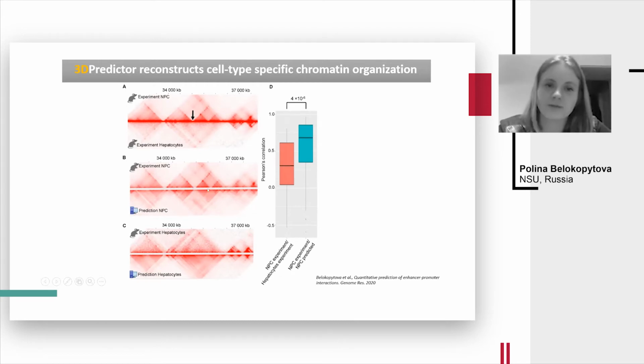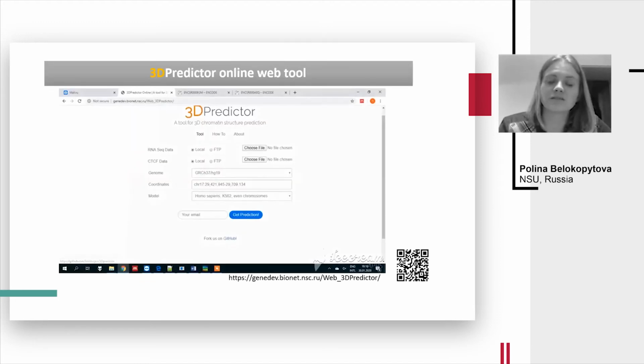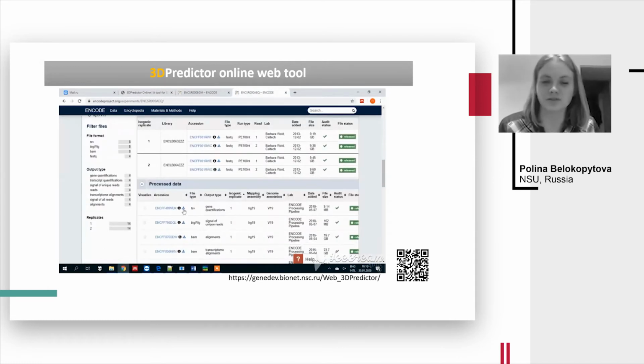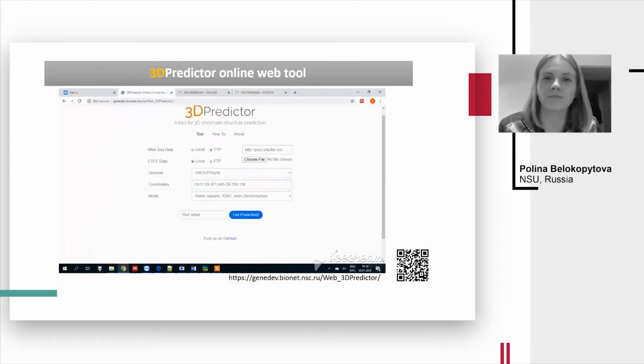It predicted the boundary, and there is no TAD boundary for mouse hepatocytes. In general, we have an algorithm which can predict 3D genome organization for different genome loci.